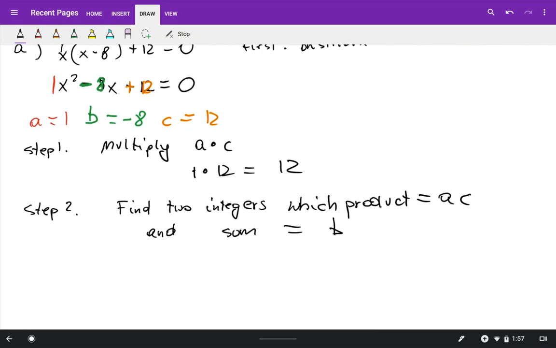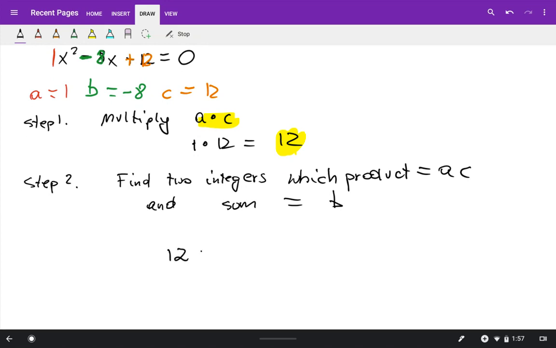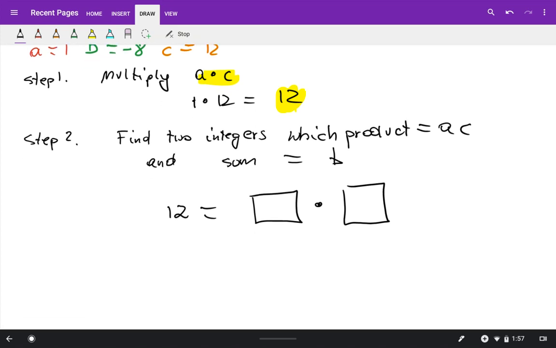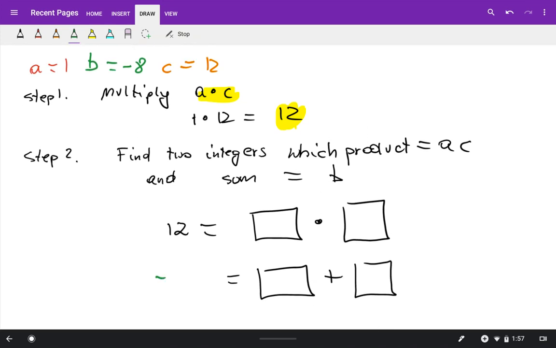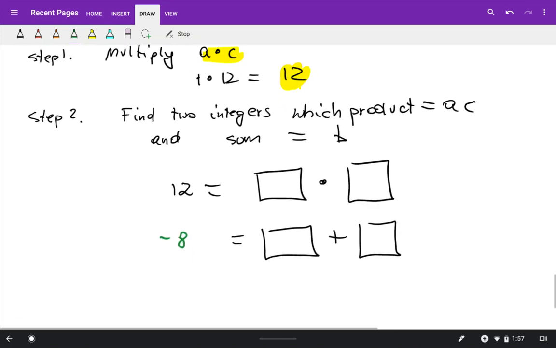So what that means, A times C is equal to 12, right? So I'm looking for two integers, which by multiplication give me 12, and exactly the same integers by addition have to give me B. B in our case is equal to negative 8. So we need to check what's going to work.